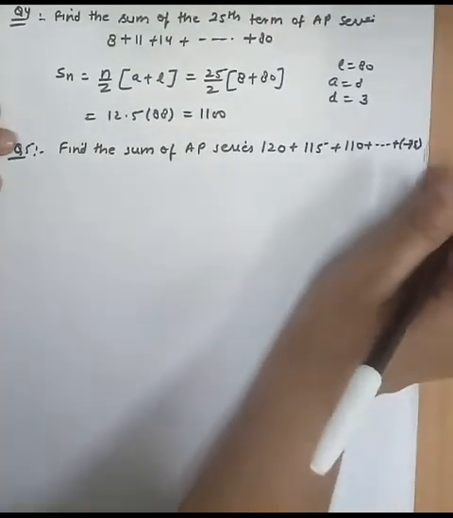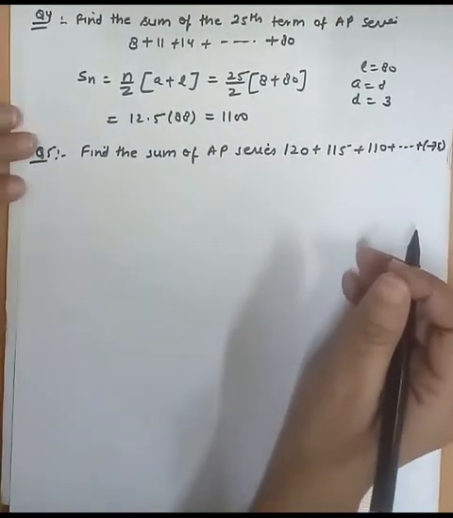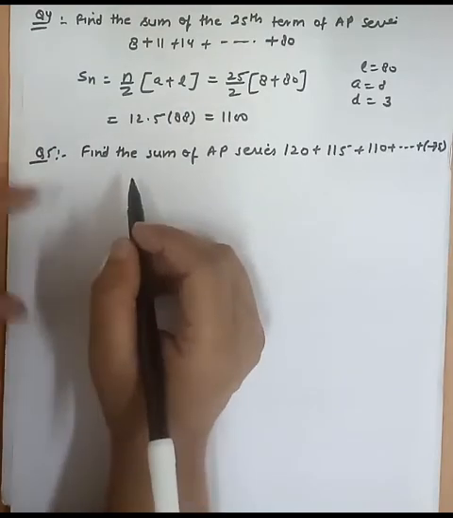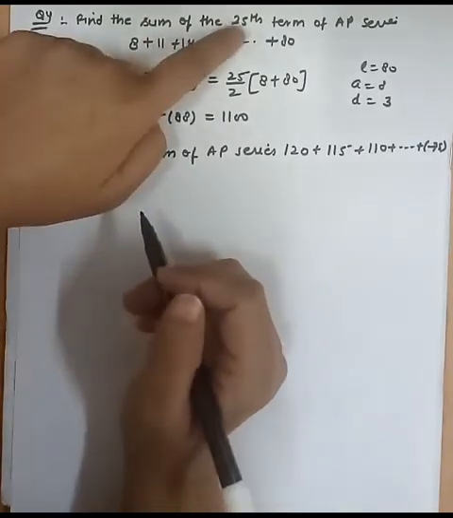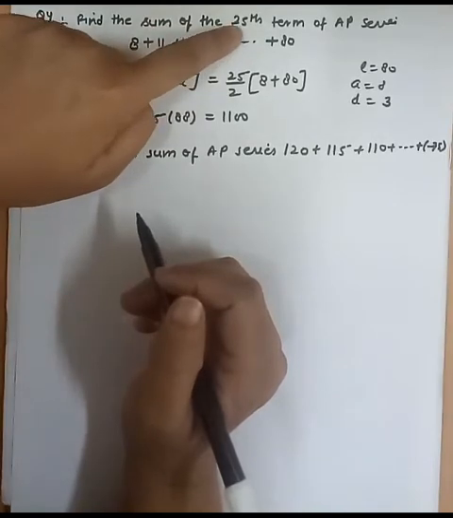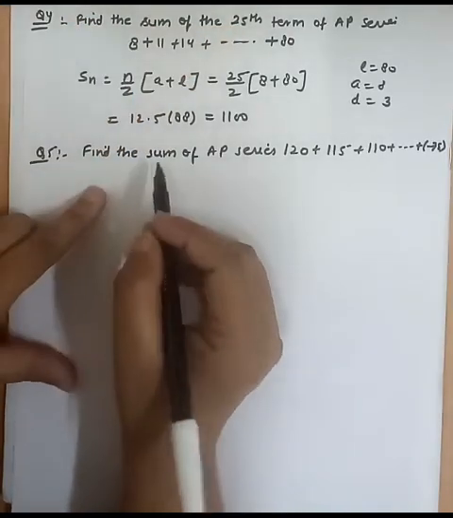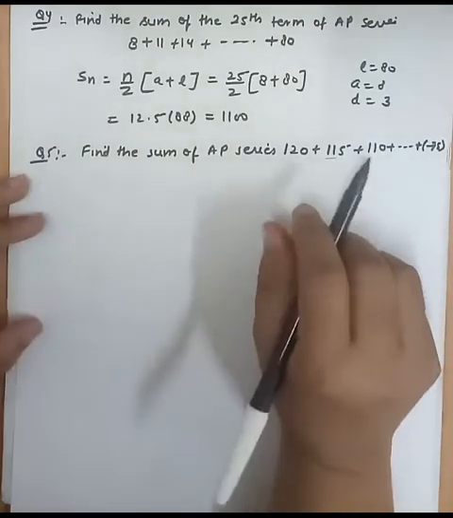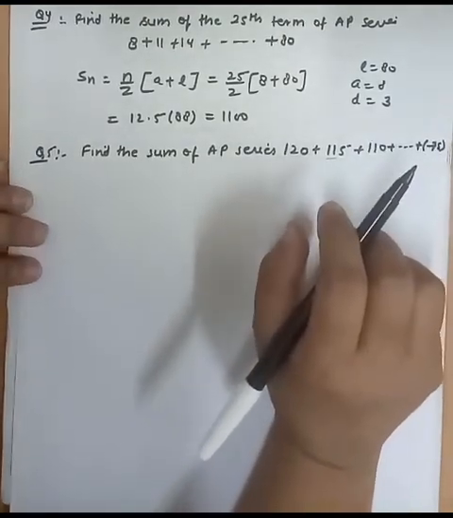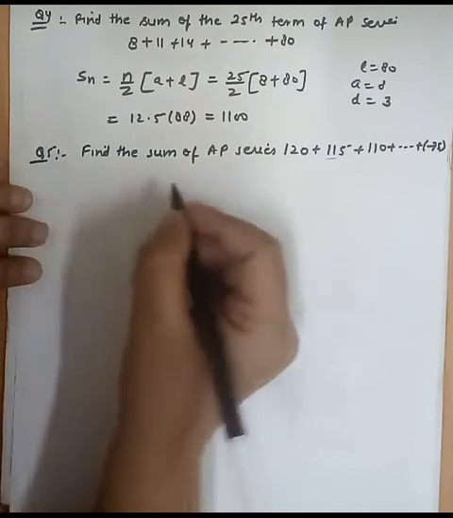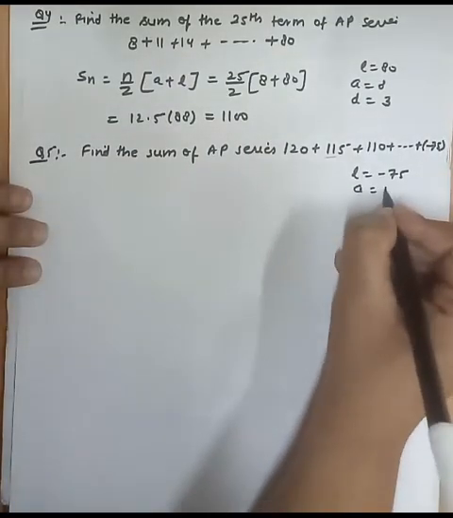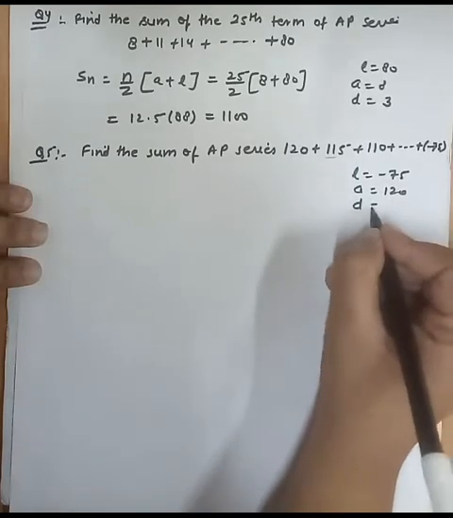Okay, so minus 75. Again you see, in the previous question they gave the 25th term. You have to find the sum of 25 terms, but in this case only the series is given, not the nth term. So first you have to find the value of n. So we can apply, because here L is minus 75, a is 120 and what is d?